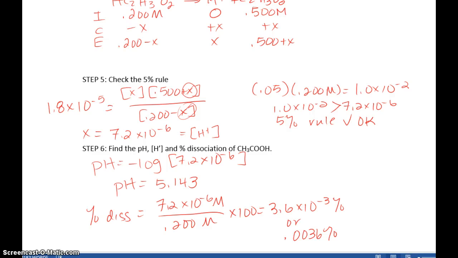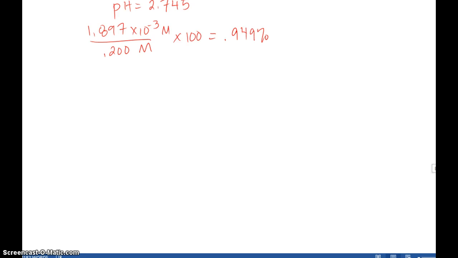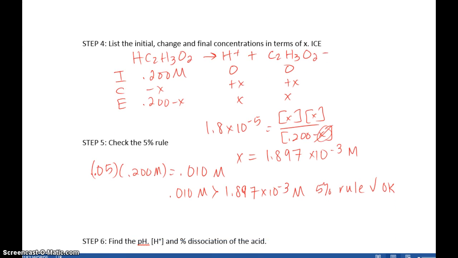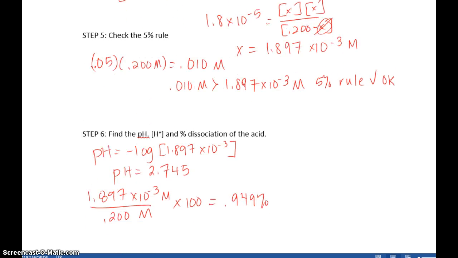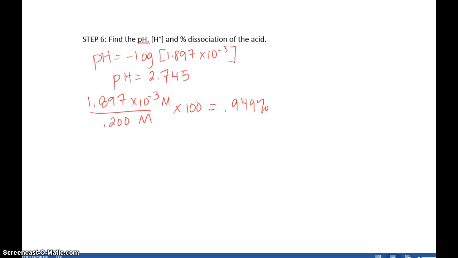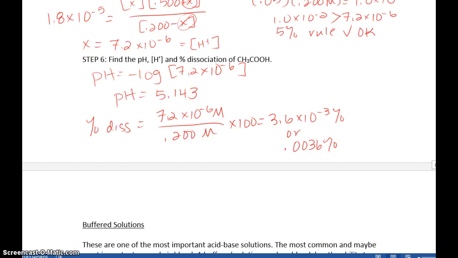So if I go back to my other problem, the pH from the previous problem that we did quickly was 2.7 and a percent dissociation of 0.949, and then by adding that sodium acetate, my new percent dissociation is much less and my pH is much less acidic.